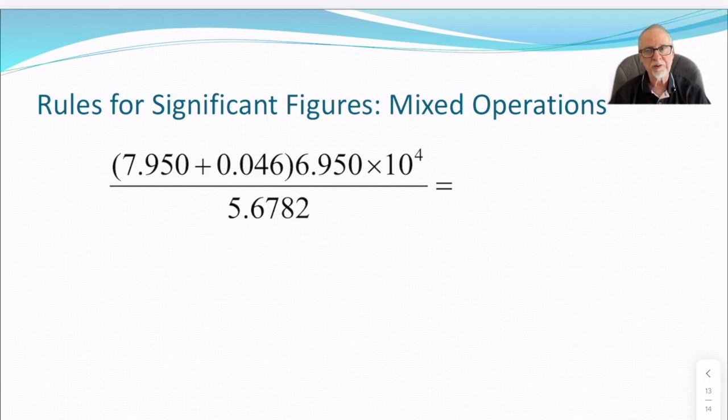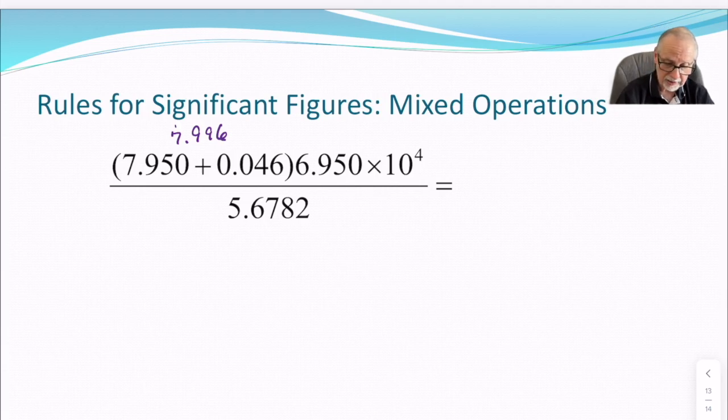And the way we're going to deal with this is we're going to figure out the precision of each particular operation. So the first thing we do is calculate the value within the quantity first, the addition quantity. And when we do that, we get 7.996. So we do that first.